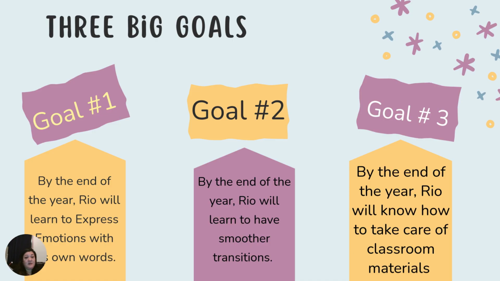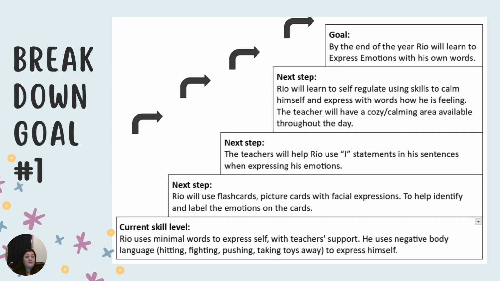So the breakdown on goal 1 was, his current skill level is Rio uses minimal words to express himself with teacher support. He uses negative body language like hitting, fighting, pushing, taking away toys to express himself. And the next steps were Rio will use flashcards and pictures with facial expressions to help identify and label the emotions on the cards.